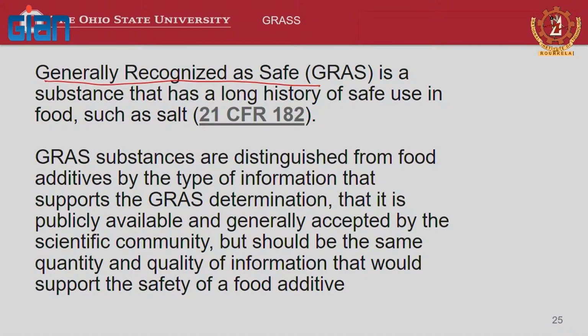But it is also interesting that what is considered GRAS in one country may not be considered GRAS in a different country. For example, in India people may be using a lot of spices and other ingredients over thousands of years. So, it is kind of very standard.